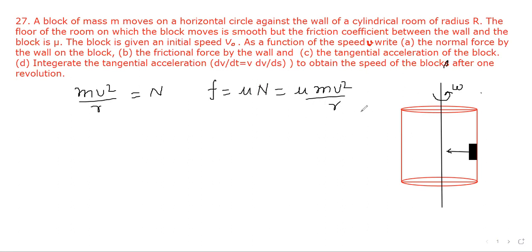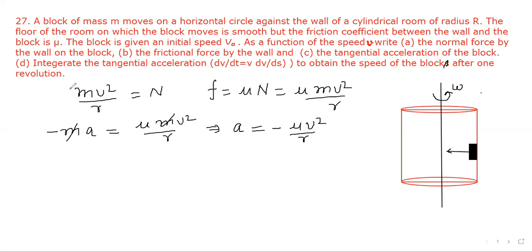Now, we have to find out the retardation due to the frictional force. So we can apply the formula minus ma equals mu times mv square upon r. So m will cancel out and we will get the value of retardation or negative acceleration. That will be minus mu v square upon r.